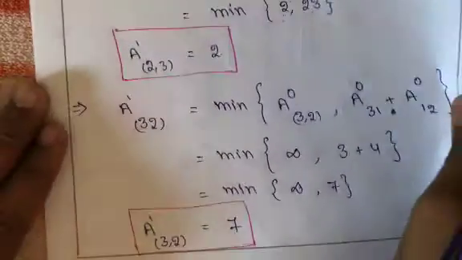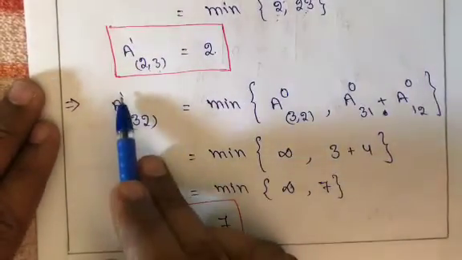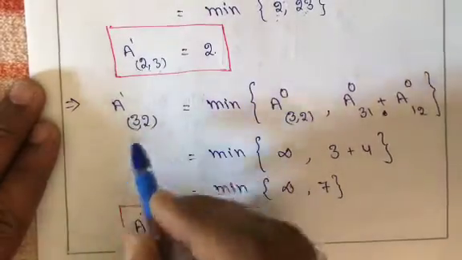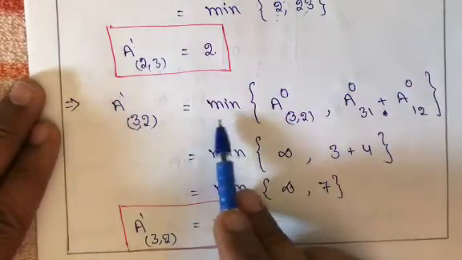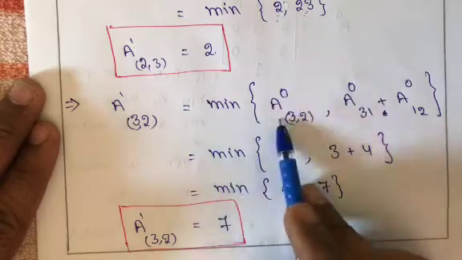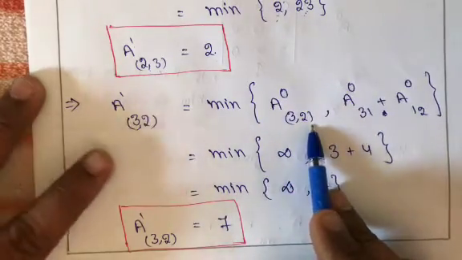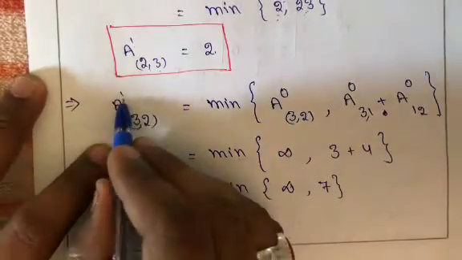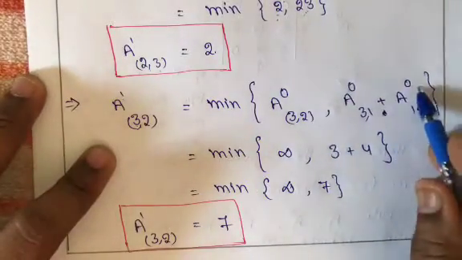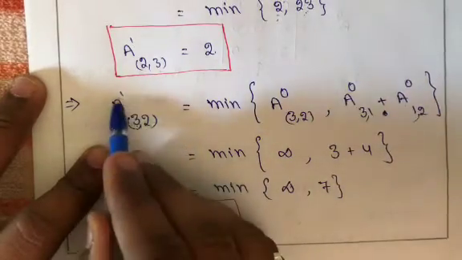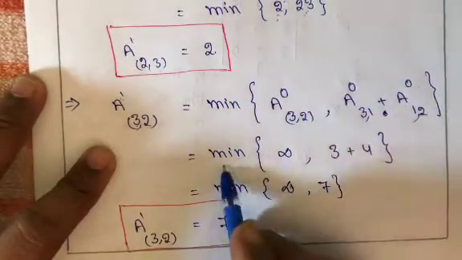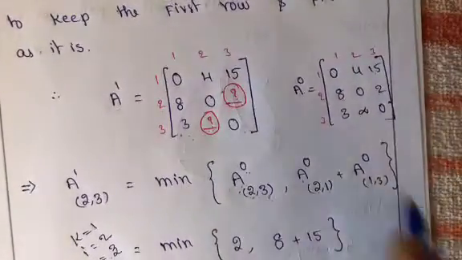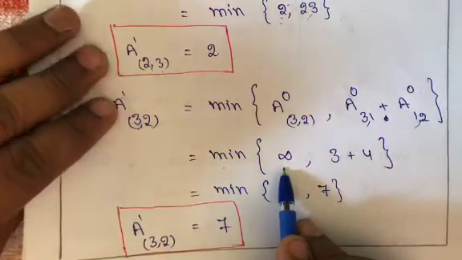So then next I need to identify the value of A1 of 3 comma 2. That is equal to the minimum of A0 of 3 comma 2, that is i comma j, and A0 of 3 comma 1, that is i comma k, plus A0 of 1 comma 2, that is k comma j. So the minimum of A0 of 3 comma 2, which is infinity, so here I place the infinity.